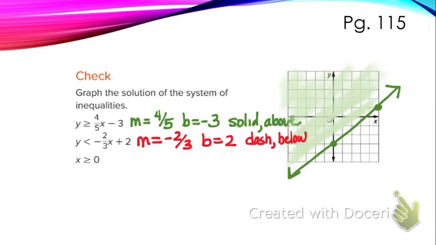So we're going to put a point at 2. And then we're going to go down 2 to the right 3. 1, 2, 3. Make a dashed line. Make sure you're picking up your pencil. And now I'm going to switch over to pink and shade below.